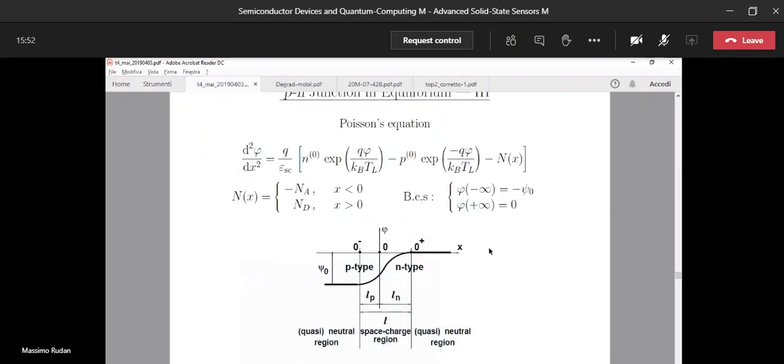the boundary conditions that are on one side, the electric potential is set to 0, and on the other side it is set to minus the built-in potential.